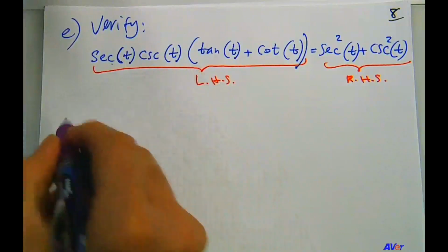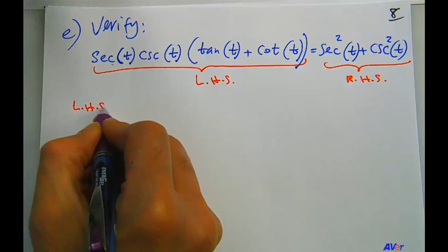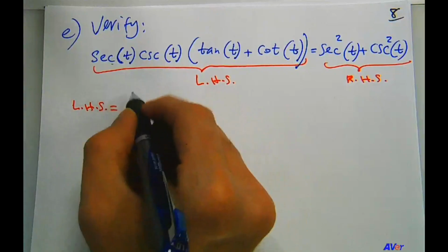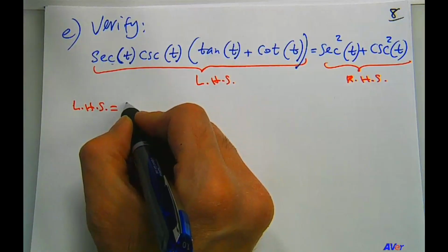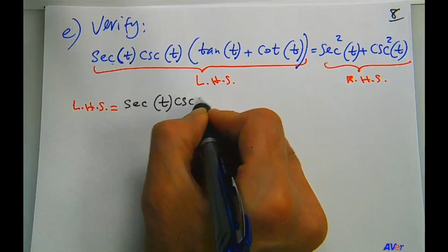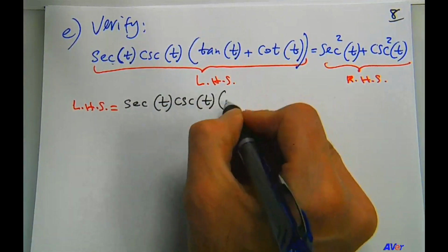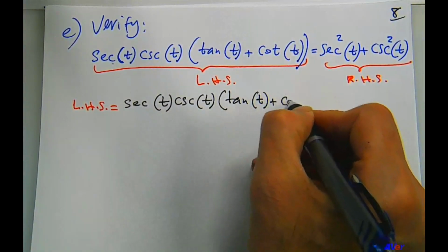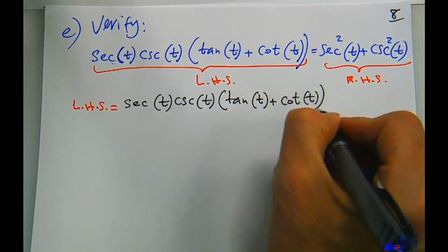So let's start with the left-hand side, which is equal to all of that: secant of t times cosecant of t times tangent t plus cotangent t.